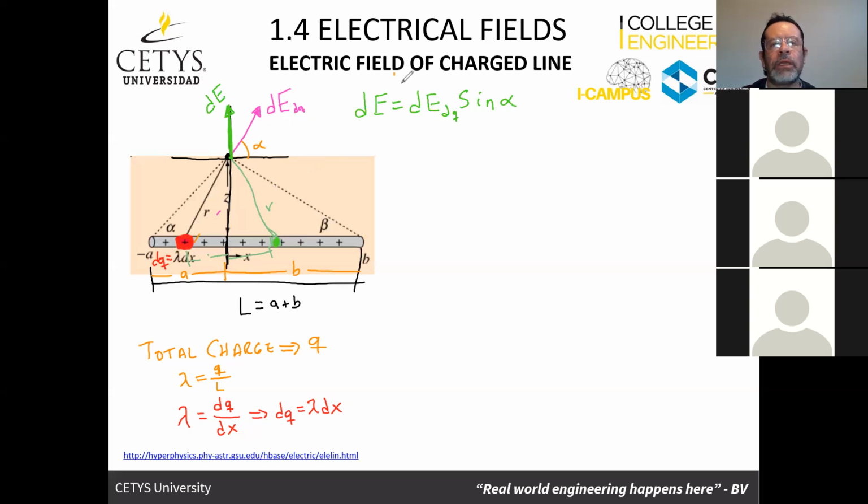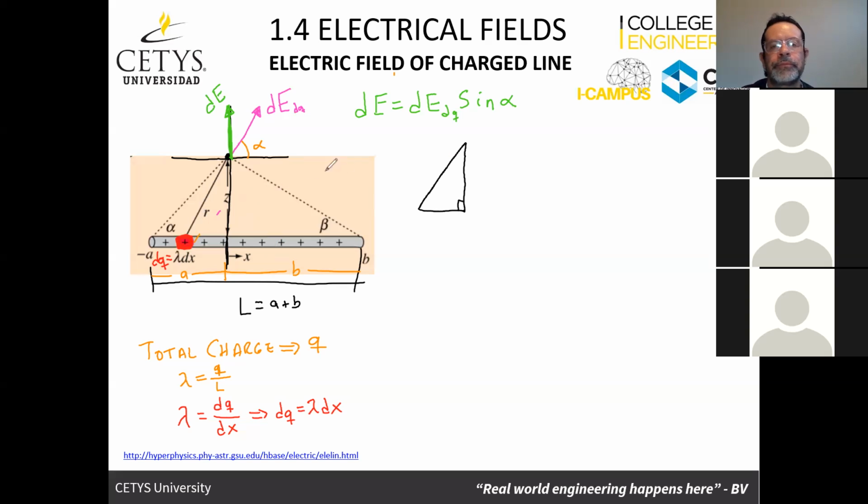And so now let's do some trigonometry here. If I look at the triangle that's formed here, I'm going to do a zoom on this triangle. This triangle looks like this.